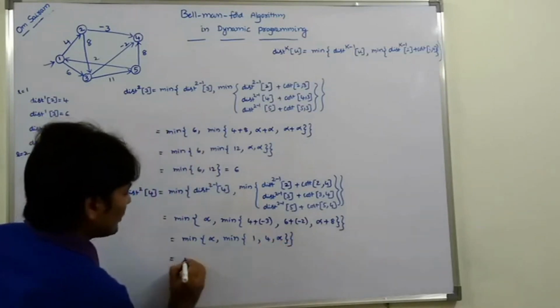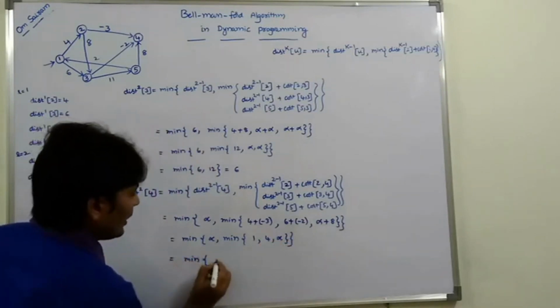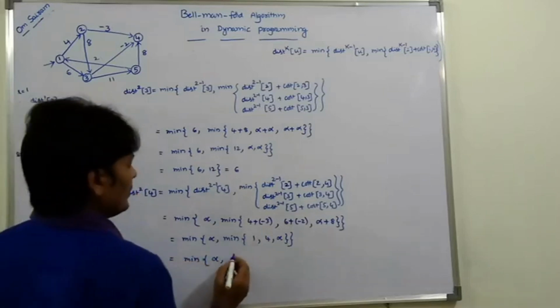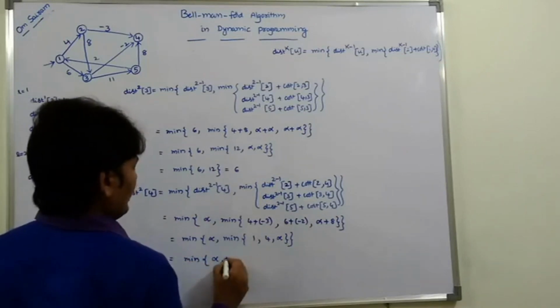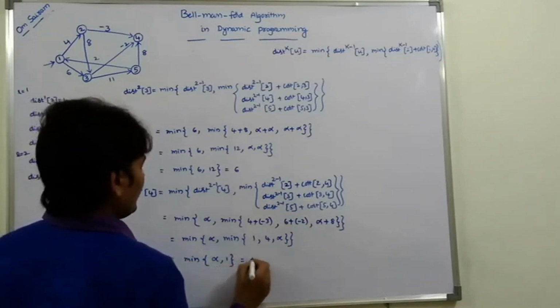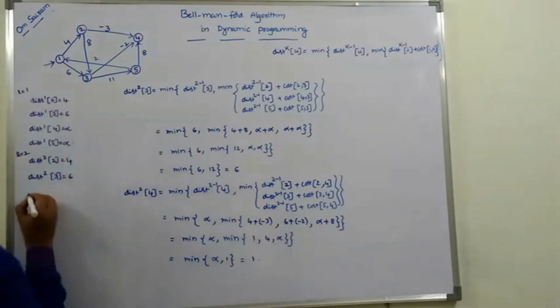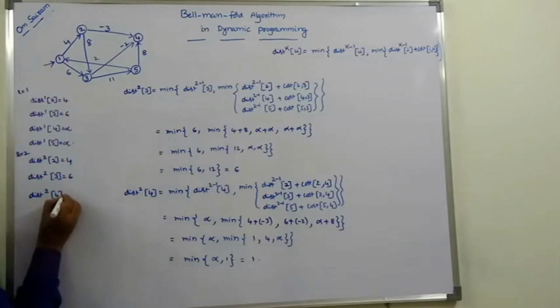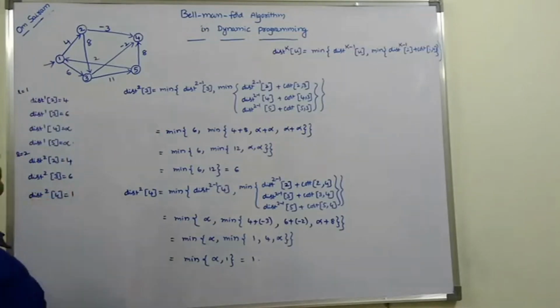So that is the minimum of infinity comma 1, which is equal to 1. So dist 2 of 4 is equal to 1.